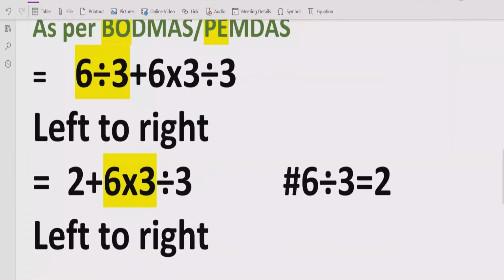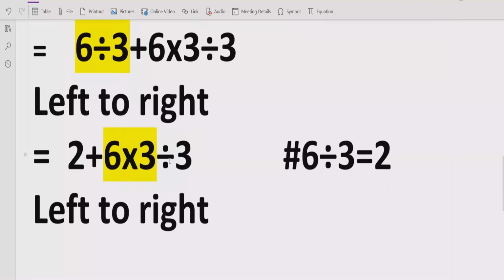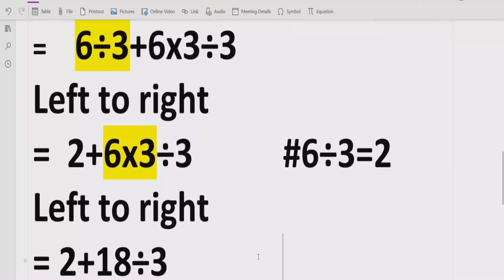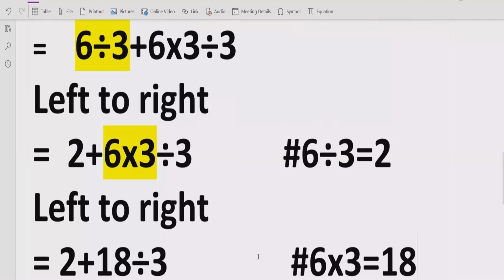We have to go left to right, and actually multiplication and division have the same precedence. So we have to solve the multiplication first. Here we have 6 multiplied by 3, which is equal to 18. And the other part we will write as it is. Here we will give the reference: 6 multiplied by 3 equals 18.